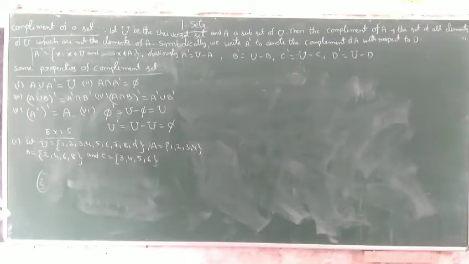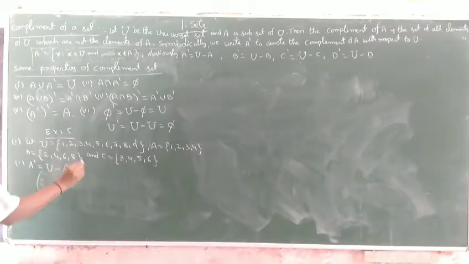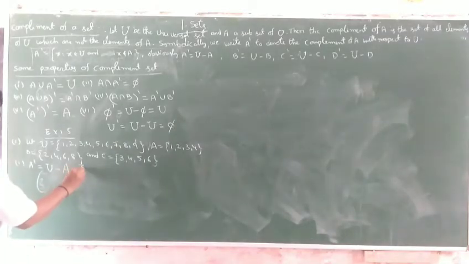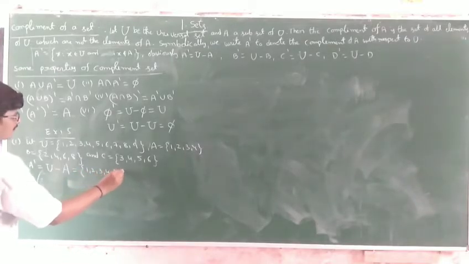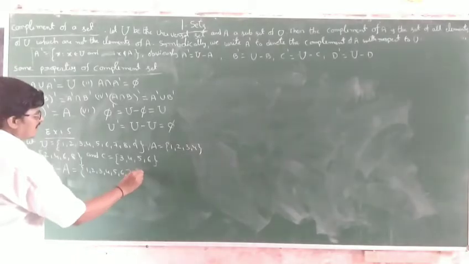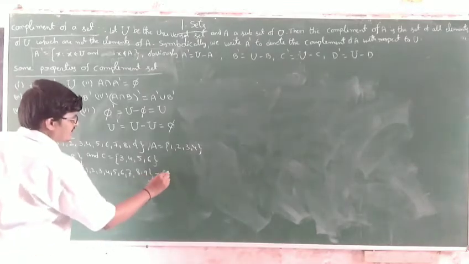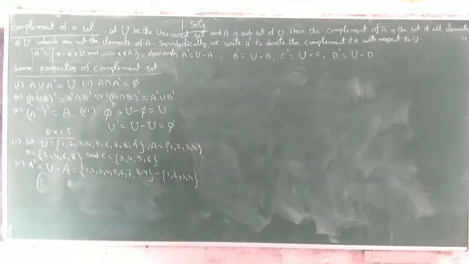So find A complement. A complement is equal to universal minus A. Universal is 1, 2, 3, 4, 5, 6, 7, 8, 9, minus A, where A is 1, 2, 3, 4. Minus means remove.